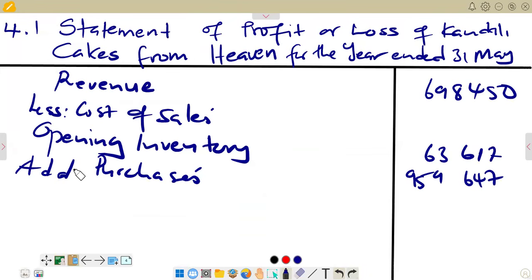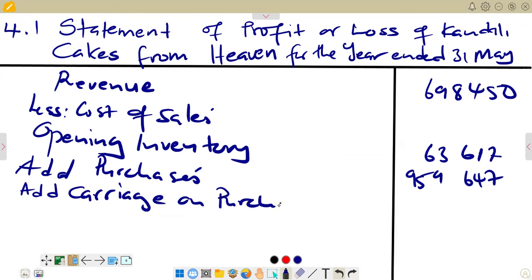Now, add carriage on purchases, whereby you give 25,353. And just maybe cross-check the figures.